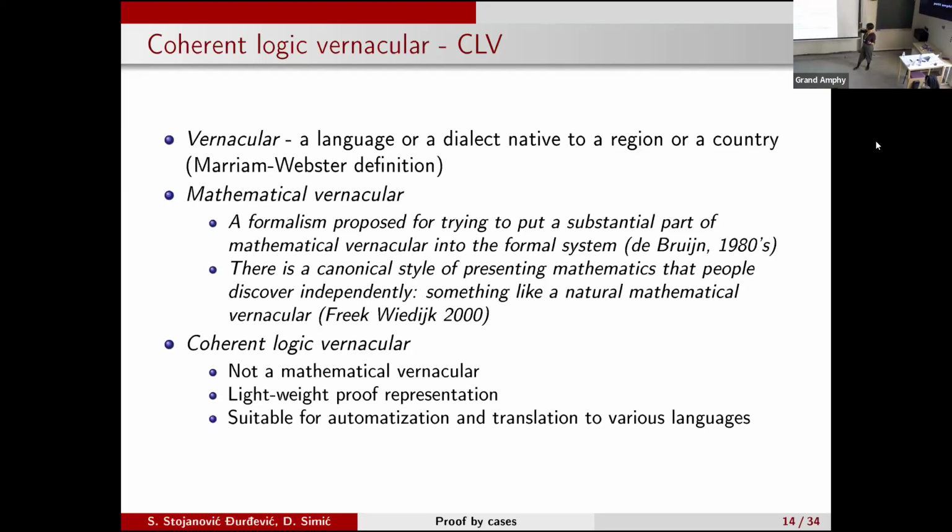So we were inspired by that mathematical vernacular, and we wanted to make a subset, like a coherent logic vernacular. But we need to stress that it cannot be a full mathematical vernacular. It cannot express everything, but we don't need that. We want it to be a lightweight proof representation that can cover geometric theorems.